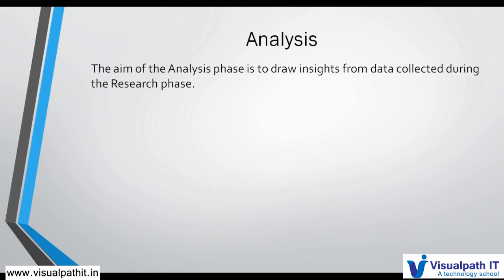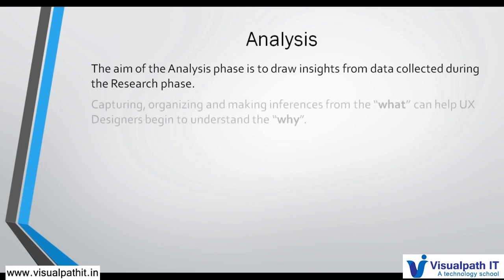The aim of the analysis phase is to draw insight from data collected during the research phase. Once research is done, we collect the information we get through the research and then analyze it. To analyze, a person definitely needs research data through the three key methods: interview, observation, or survey.